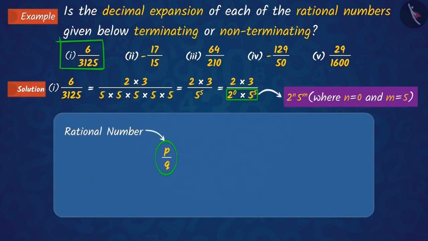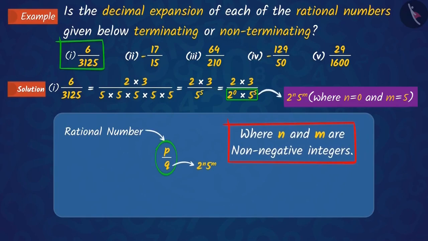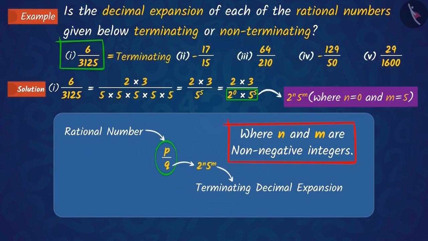In our previous video, we learned that in a rational number p upon q, if q is in the form of 2 raised to n into 5 raised to m, where n and m are non-negative integers, then the decimal expansion of the number is terminating. So, the decimal expansion of this number is also terminating.